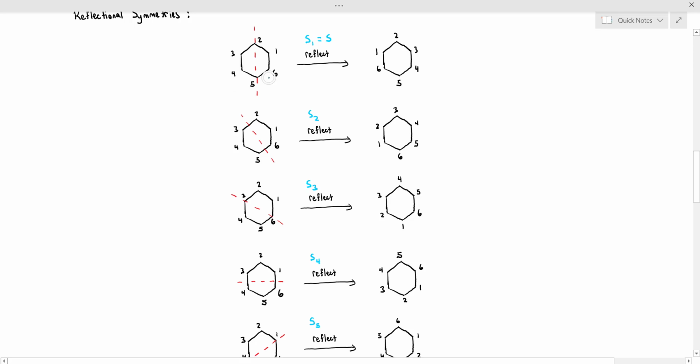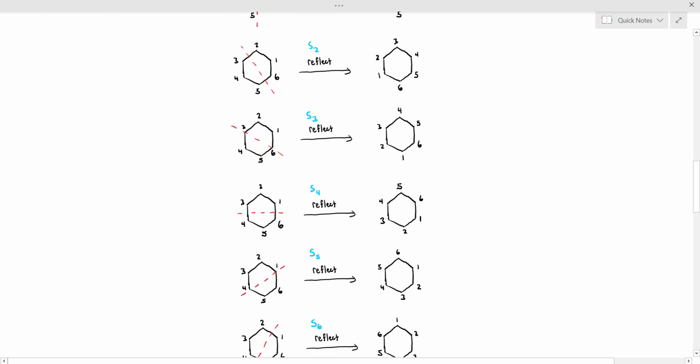Likewise, 4 and 6 would swap, but if we reflect again, they would swap back to their original places. So that shows us that S squared, applying this reflection twice, gives us the identity symmetry, the symmetry of just doing nothing. So this reflection is its own inverse.